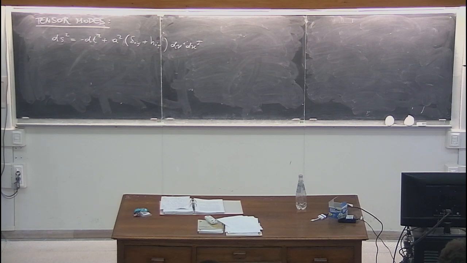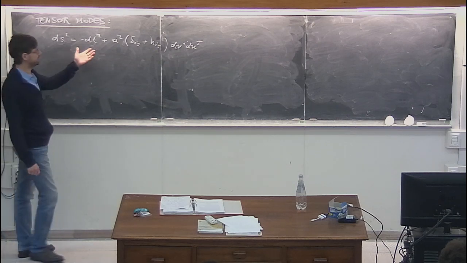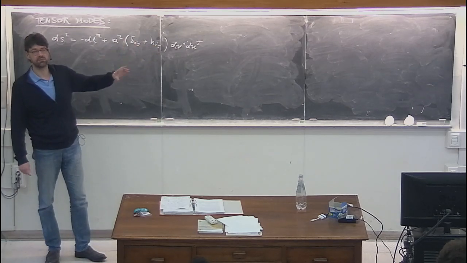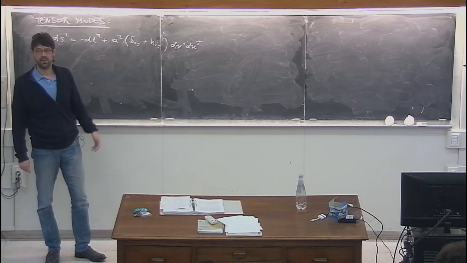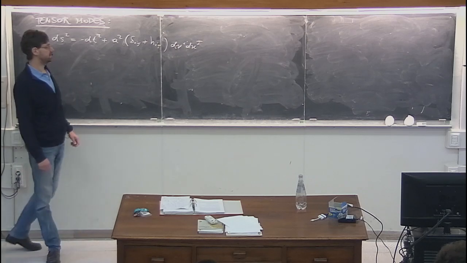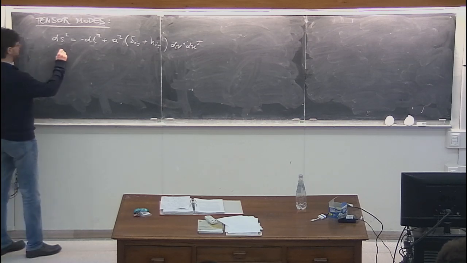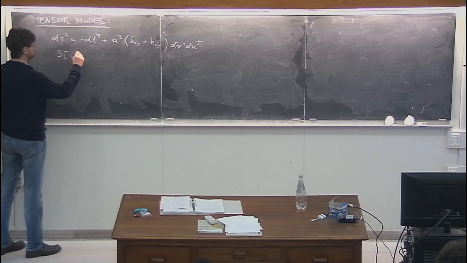All right. So now, once I have written this metric, what I have to do is to plug this metric into the Einstein action, expand it in powers of these tensor modes, this h_ij, and then look at how it looks. So I'm only dealing with the quadratic part of the action.